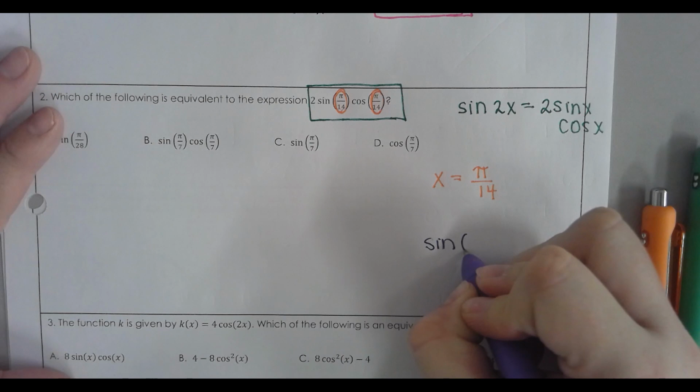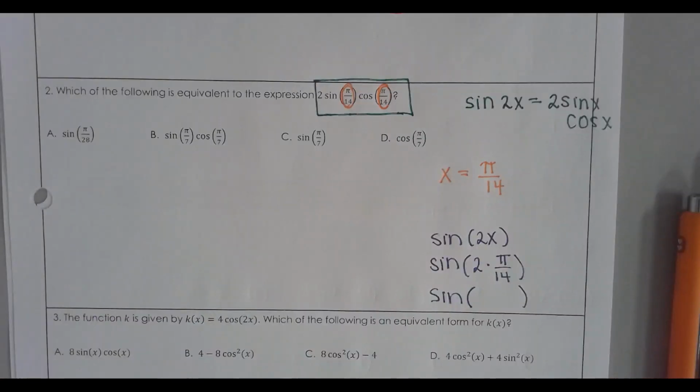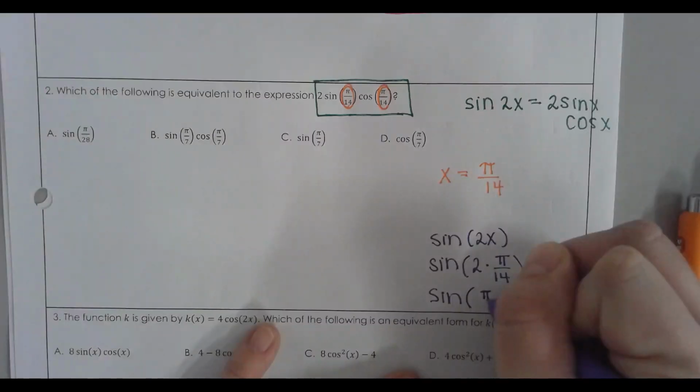So sine times pi over 14. The 14 simplifies to pi over 7.